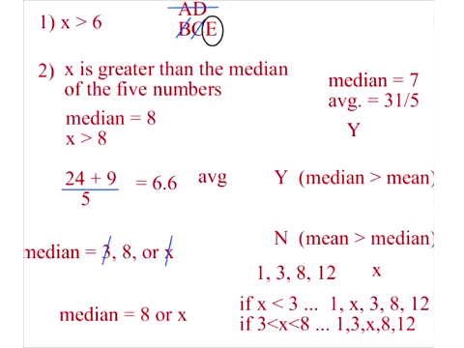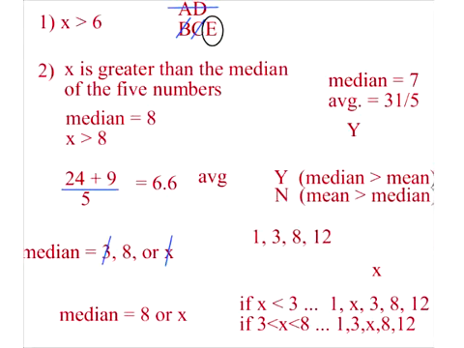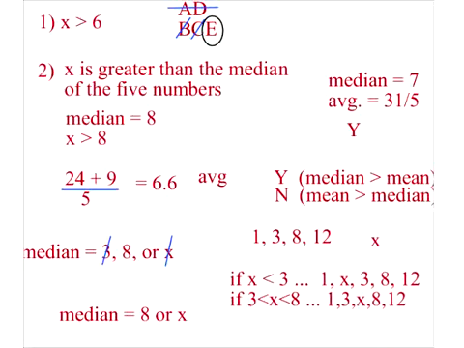And then, make some space. If x is greater than 8, then we've got to have 1, 3, 8, x, 12. Hard to say. I guess I would probably put it up in the upper 600s.